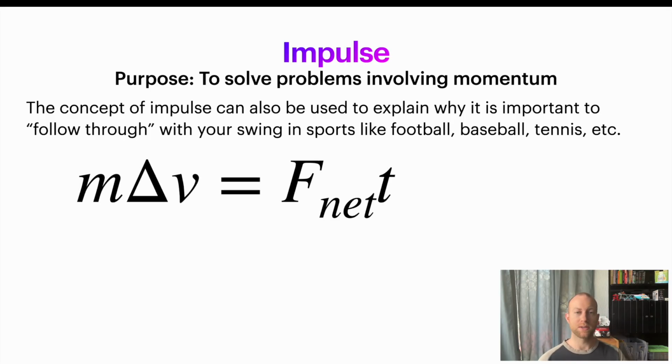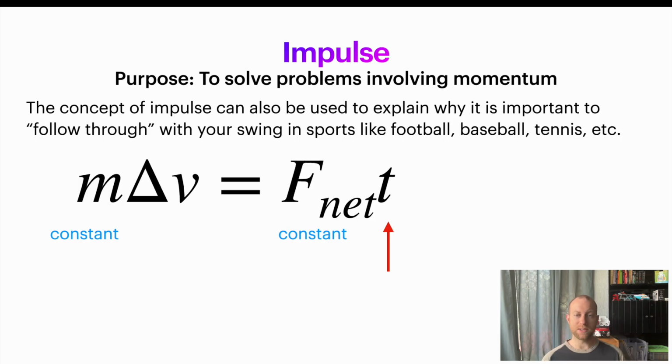Again, using this concept of impulse, let's take a look at what happens to the ball in each of these cases. The mass of the ball doesn't change, whether you follow through or not. The amount of force you exert doesn't change. What does change is that when you follow through, you're in contact with the ball longer, so the amount of time increases.